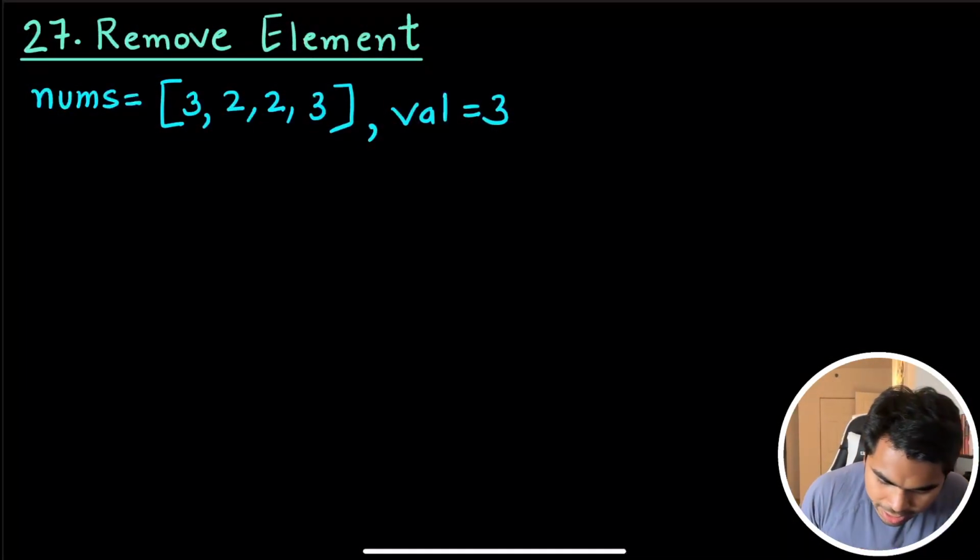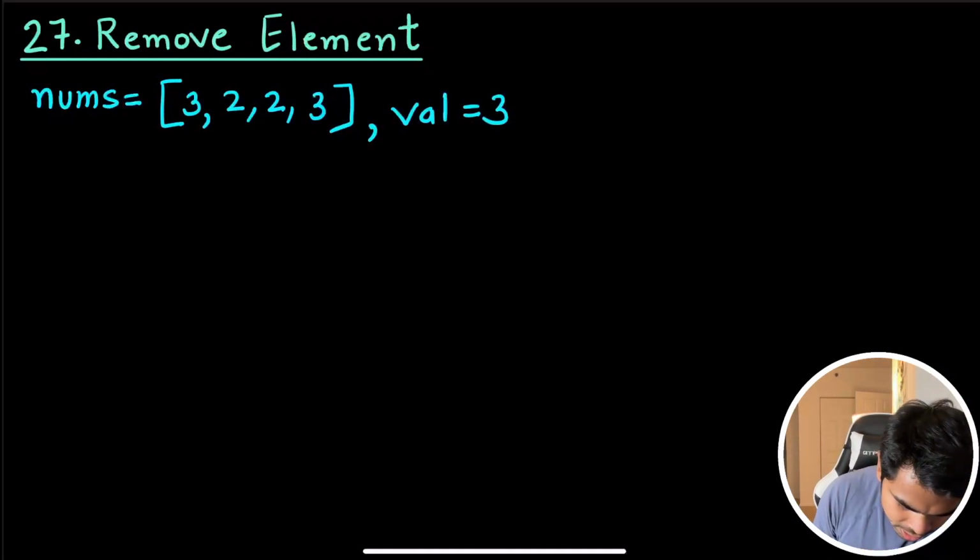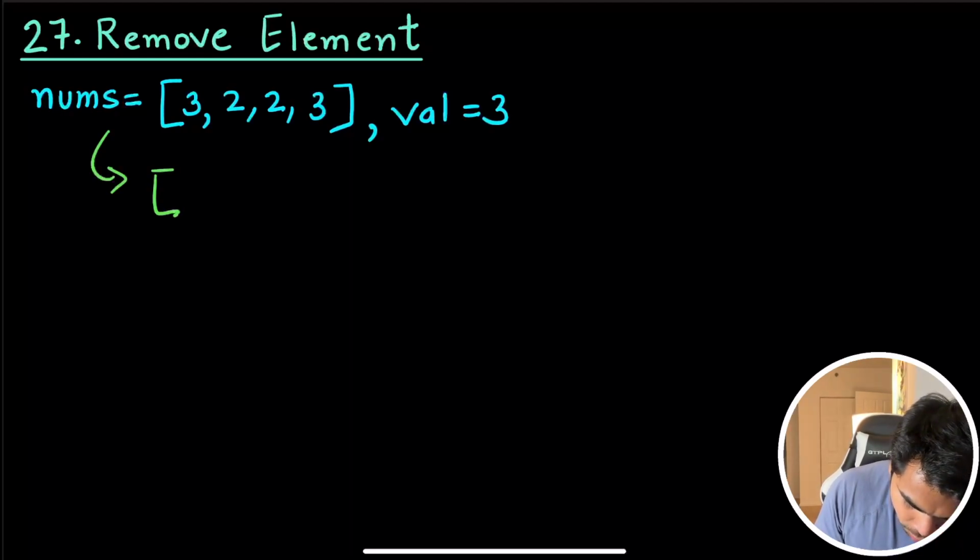Here we are given this nums array, then we are given this value. The first thing we need to do is modify nums in place such that we remove all the occurrences of val, and in this case it's 3.